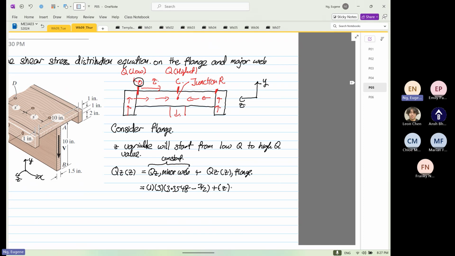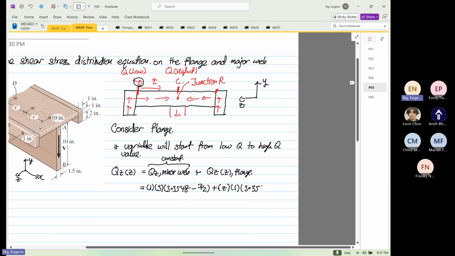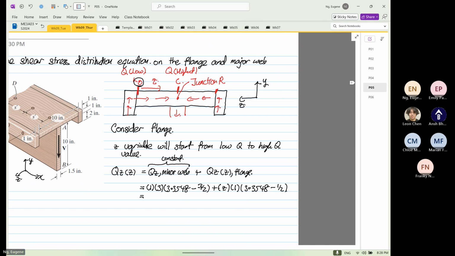The depth is 1. And then the Y bar is 3.3548 minus 1/2. So when you calculate this, 3.3548 minus 3/2 times 3 times 1, it's 5.5644.